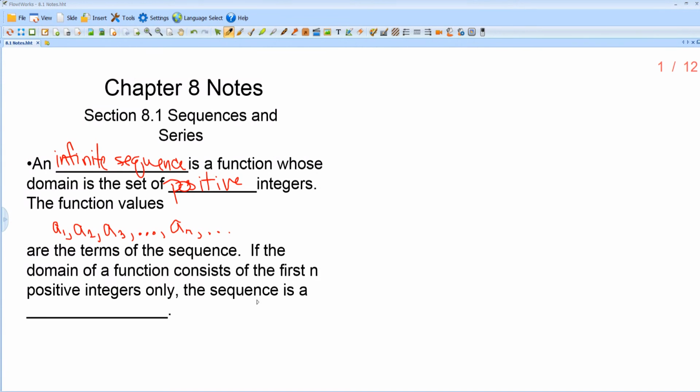If the domain of a function consists of only the first n positive integers, so if we stop this at some point and say, okay, we're only going to look at the first 90 terms or the first 1 billion terms, then the sequence is a finite sequence. So we all know infinite versus finite, but just keep in mind that this is how we sort of write our sequences. It's just first term, comma, second term, comma, third term, and so on and so forth.